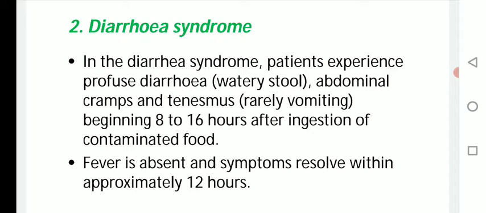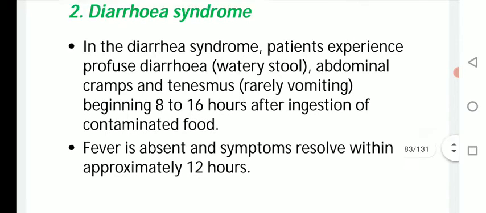Fever is absent and symptoms resolve within approximately 12 hours. So this is a good thing.